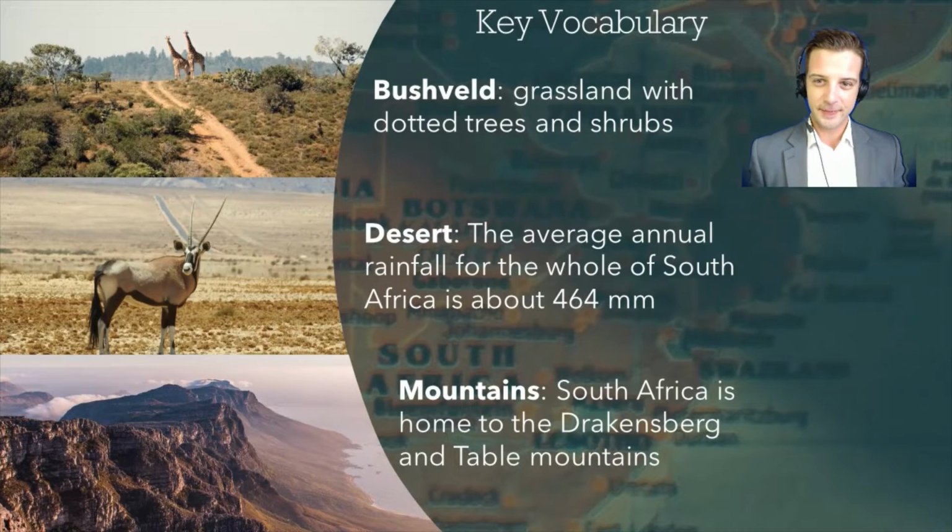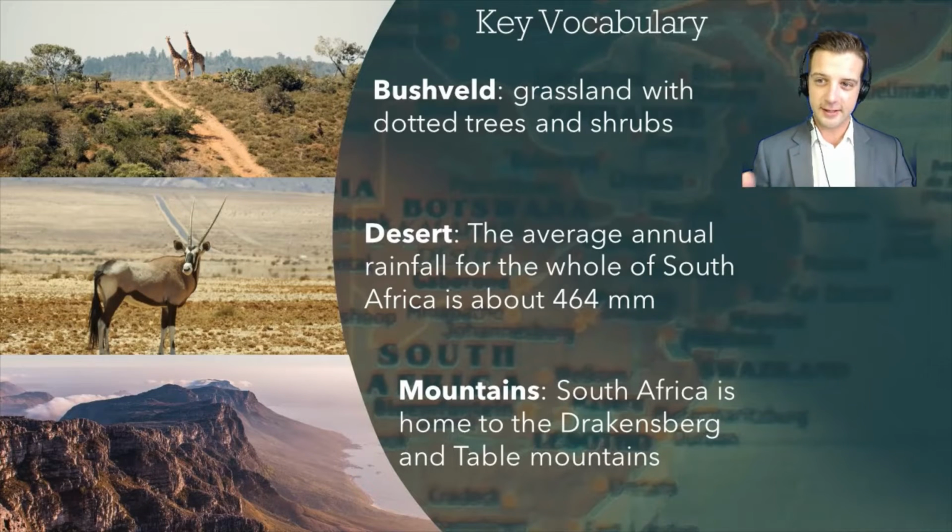Right, let's move on. Here we can see that next key word I've written for us, bushveld. Pay careful attention to the pronunciation of the second part of this word, veld. Bushveld is grassland with dotted trees and shrubs.